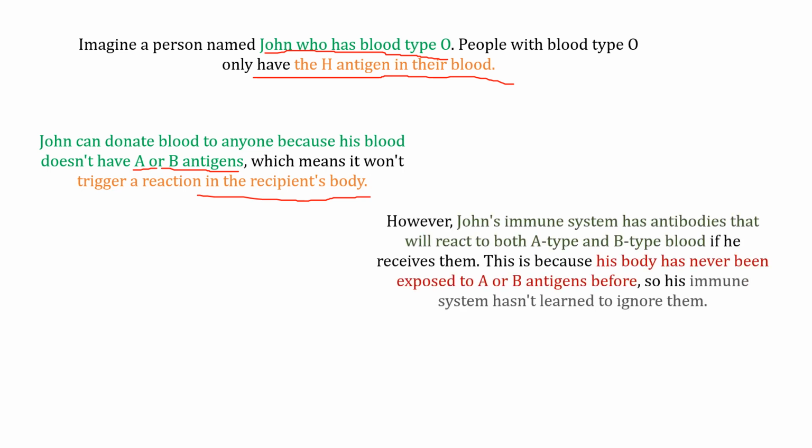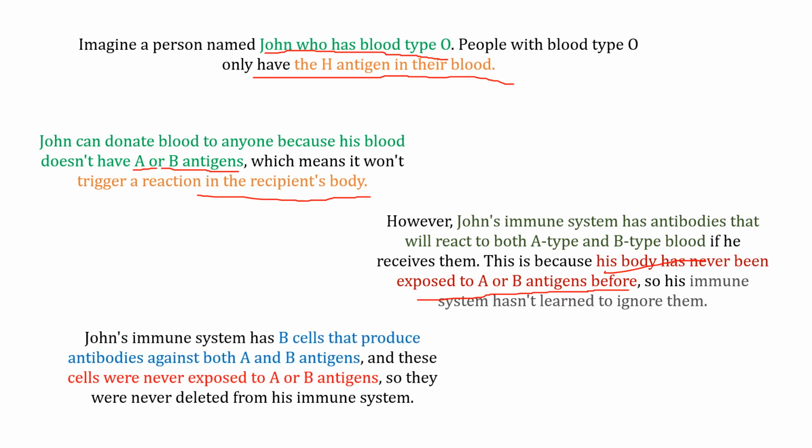However, John's immune system has antibodies that will react to both A type and B type blood if he receives them. Why? This is because his body has never been exposed to A and B antigen before, so his immune system has not learned to ignore them. So here is the interesting part.